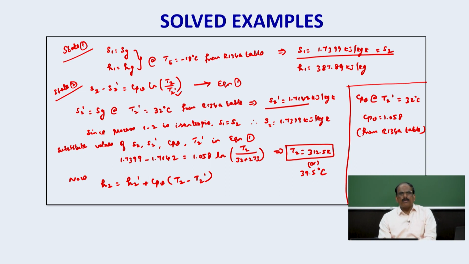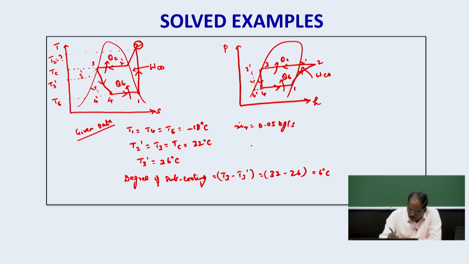Here Cp has to be found for the average of T2 and T2 dash, because now we know the value of T2. H2 dash is the saturated enthalpy. Delta T is the higher temperature T2 minus the lower temperature T2 dash, and T2 dash is nothing but T3, the condenser temperature.